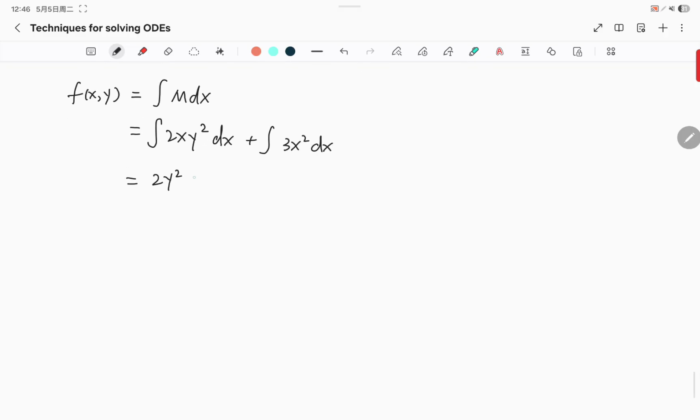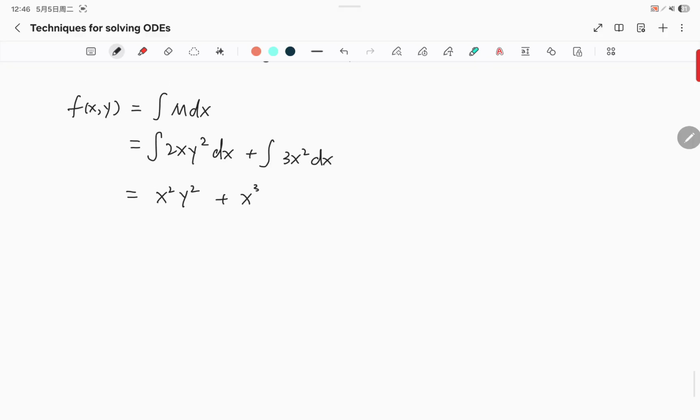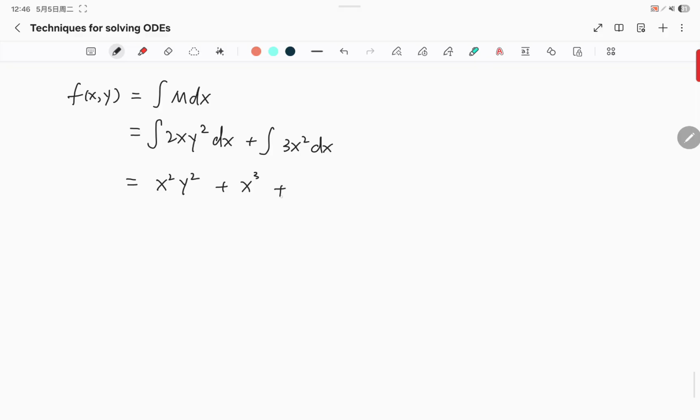And that is x squared over 2. The 2 cancels out, so just x squared y squared plus, this is going to be just x cubed, because it's basically 3 over 3 x to the power of 3, x cubed. And don't forget to add g of y.